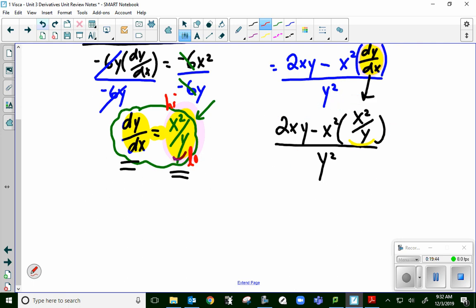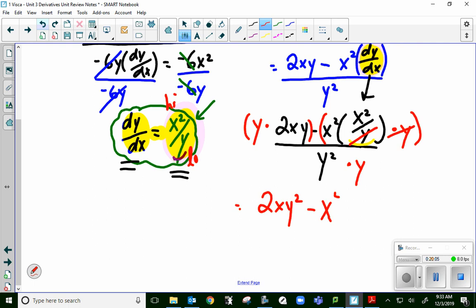I'm going to multiply every term by y. So when I multiply these two together, I get 2x, y times y is y squared. This times this cancels. Minus x squared times x squared is x to the fourth, all over, when I multiply these two together, I get y cubed.